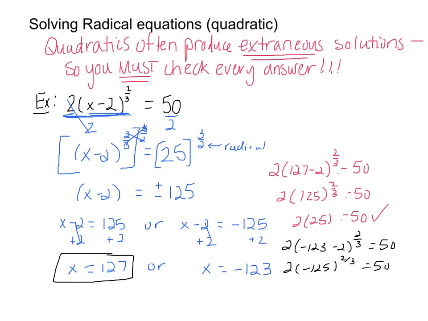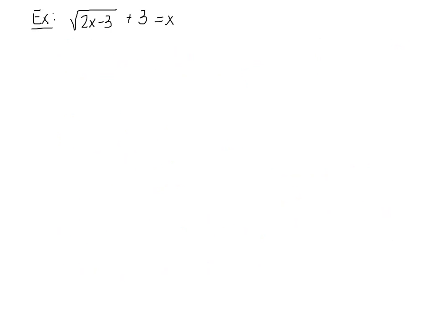The cube root of a negative is negative, so that's negative 5, and then negative 5 squared gives me positive 25. So this one checks out as well, because 2 times 25 is in fact 50. You can check these on your calculator if you can't do this in your head, and that would be a good thing to do. Okay, so both of these answers check out.